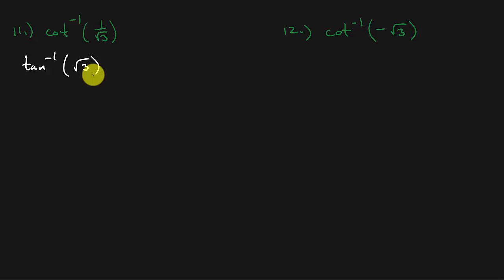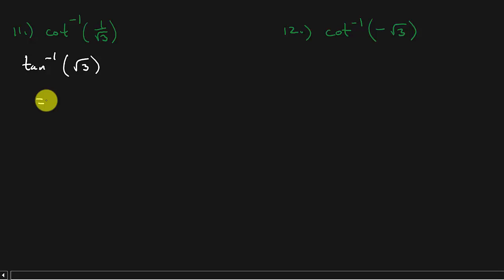The tangent of what is square root of 3? The tangent of 60, so that would be pi over 3. That's your answer, no problem there. Just take the reciprocal, change it to inverse tangent of the reciprocal, and then do it like we did before with the tangent function.